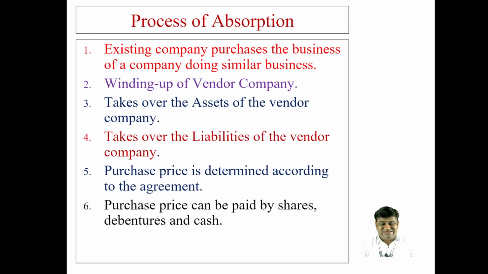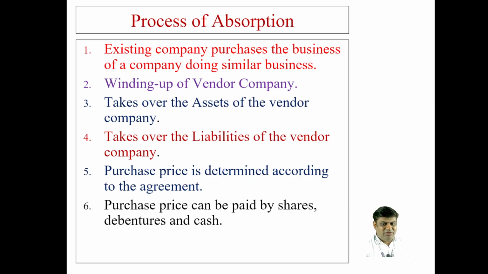Then the assets of the vendor company are taken by the purchasing company, or we can call it the transferee company. Along with the assets, the liabilities are also taken by the purchasing company at the agreed values, the values decided by both the companies together.